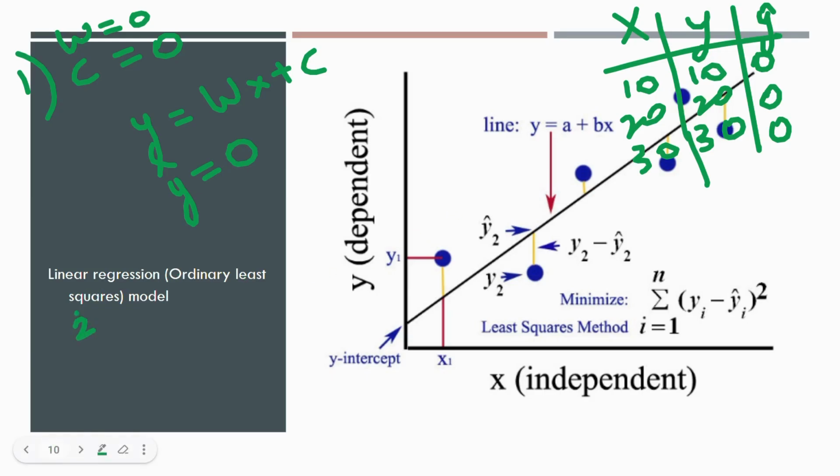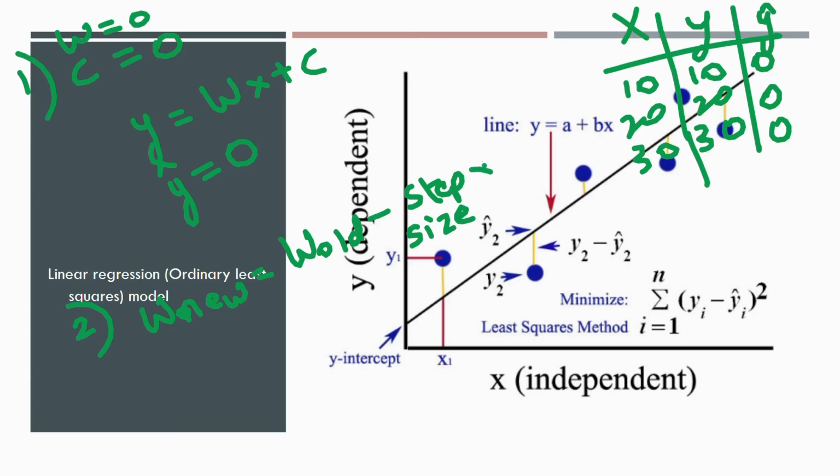So in the next iteration, what gradient descent does is it updates the weight. We have W new is equal to W old minus some step size times some derivative. We will not go into the details.